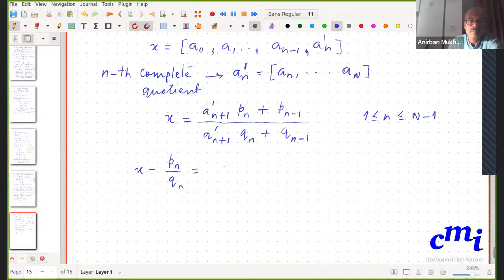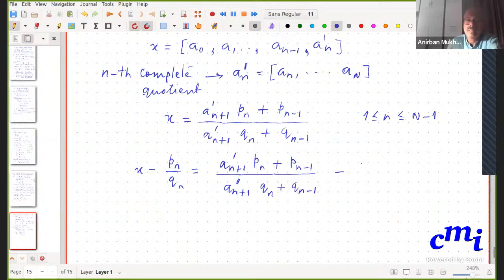So use this expression for x: An plus 1 dash Pn plus Pn minus 1 over An plus 1 dash Qn plus Qn minus 1, and then you have minus Pn by Qn.